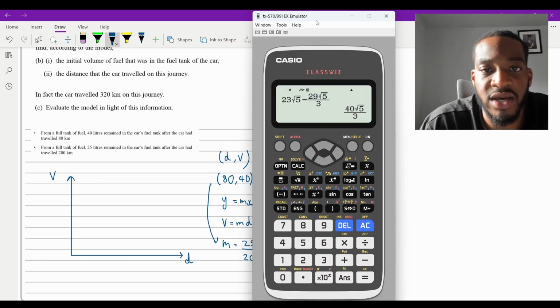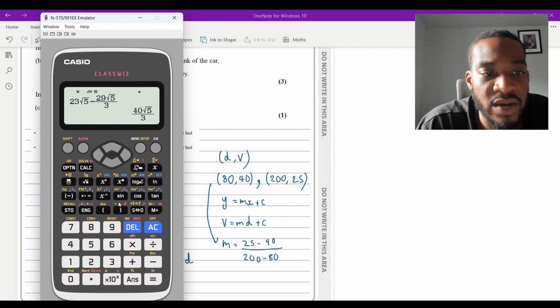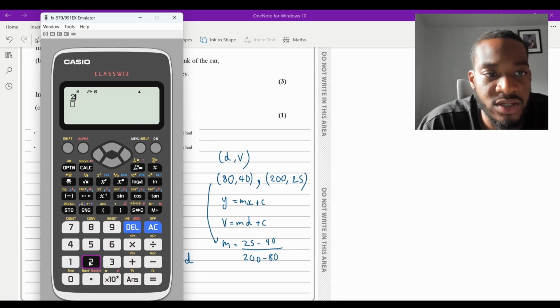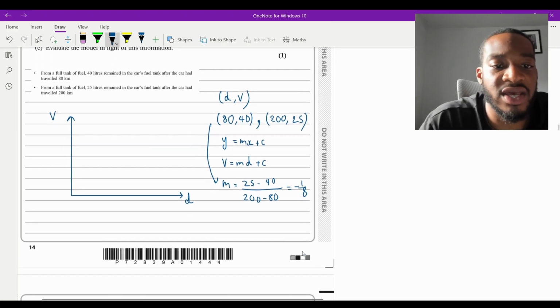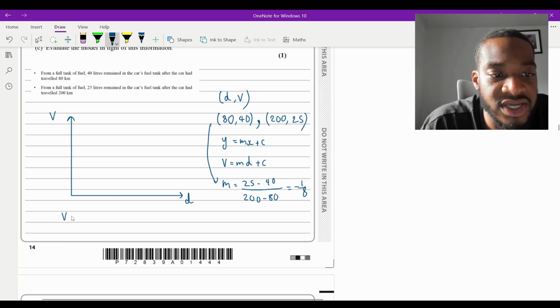So I'll just put this into the calculator. Let's see what I get. That's going to be 25 take away 40 over 200 take away 80. This gives me minus an eighth. So I know the gradient of our line, so I'm going to update it and say V is equal to minus an eighth D plus C.